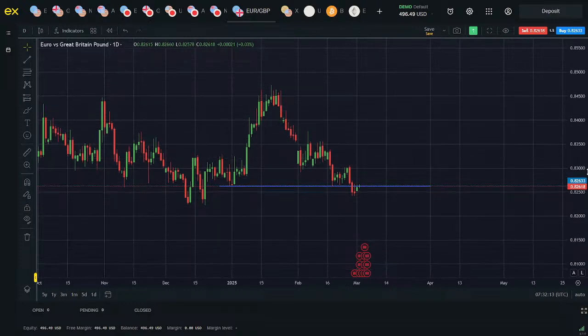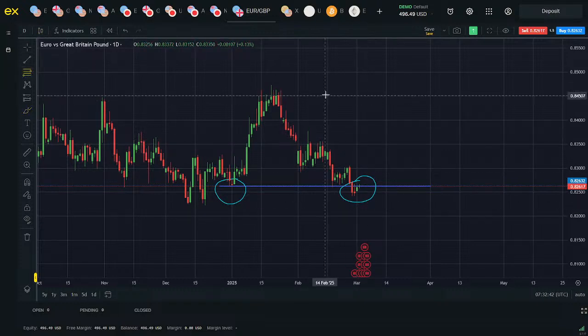What has happened in Euro GBP is that the market first rallied up from this very point, and after that it came down till this very point, took up all the SLs of these buyers, and now maybe it will rally up. We can clearly say the market is going to rally up.